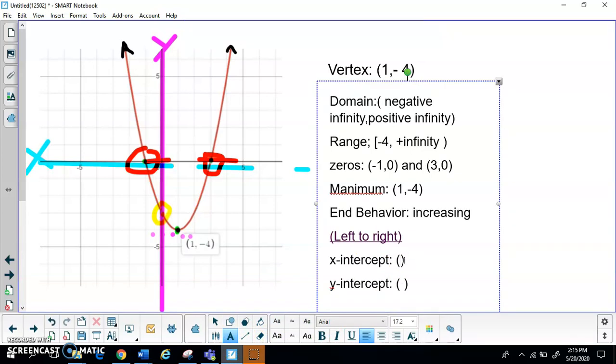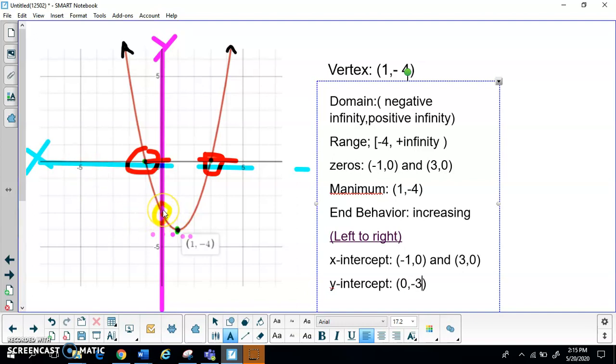Okay, so let's fill in this information. There are two x-intercepts. They're also the zeros. So the zeros are -1, 0, and 3, 0. The y-intercept is 0, 1, 2, 3. You don't go right to left, so therefore your x is 0, however your y is -3.